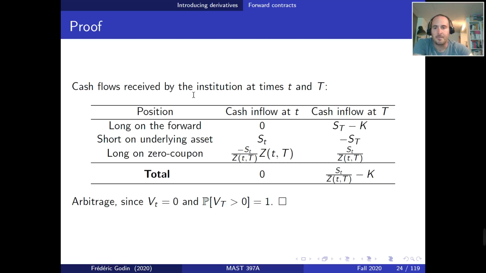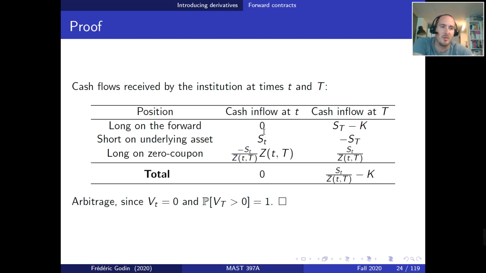What are the cash flows associated with each of the positions in the portfolio? The first position is a long position on the forward contract. Before the maturity date, a forward contract entails no cash flow, so the cash flow at time small t is equal to 0.